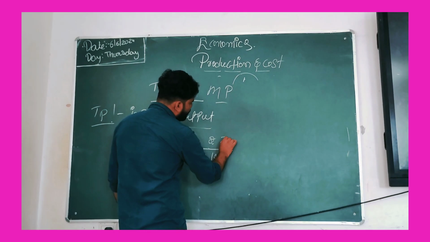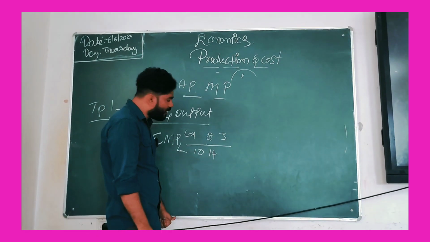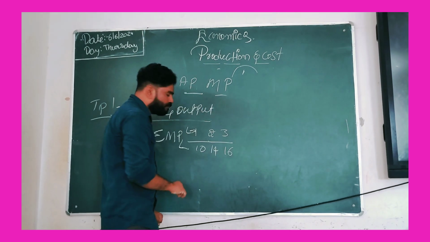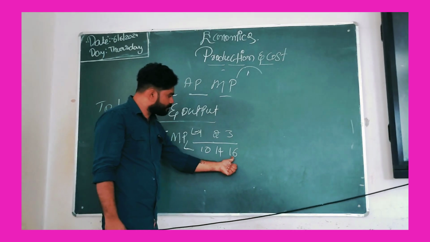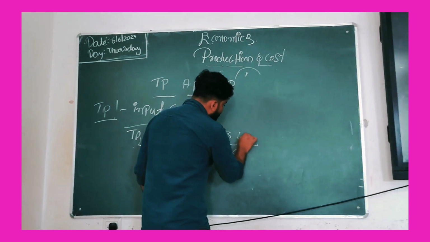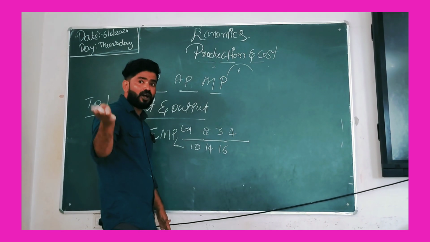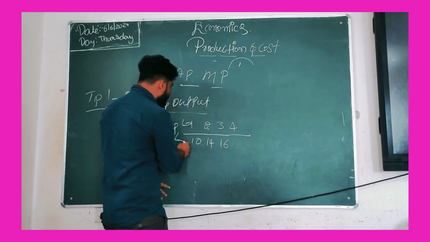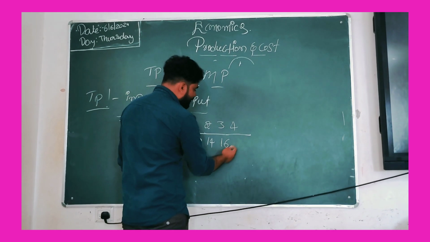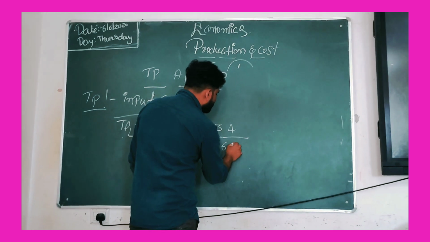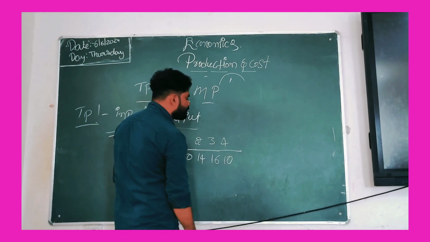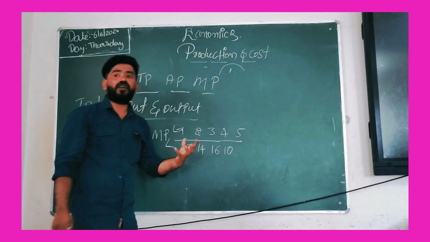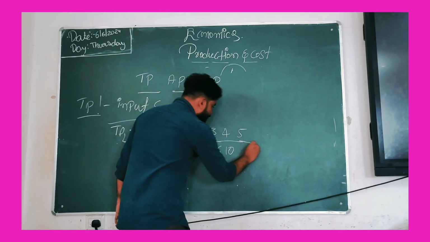Suppose I am using 3 units of labor, the firm's output is 16. Suppose the firm uses 4 units of labor, automatically the marginal product comes down to 10. Next, using 5 units of labor, the product is 6.